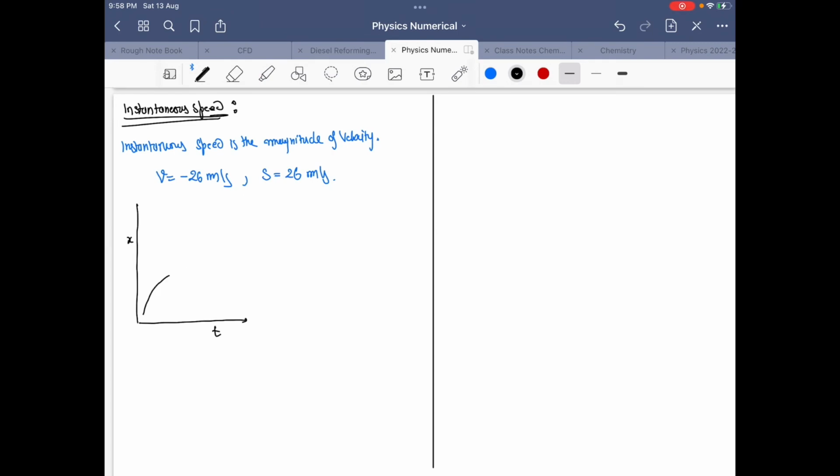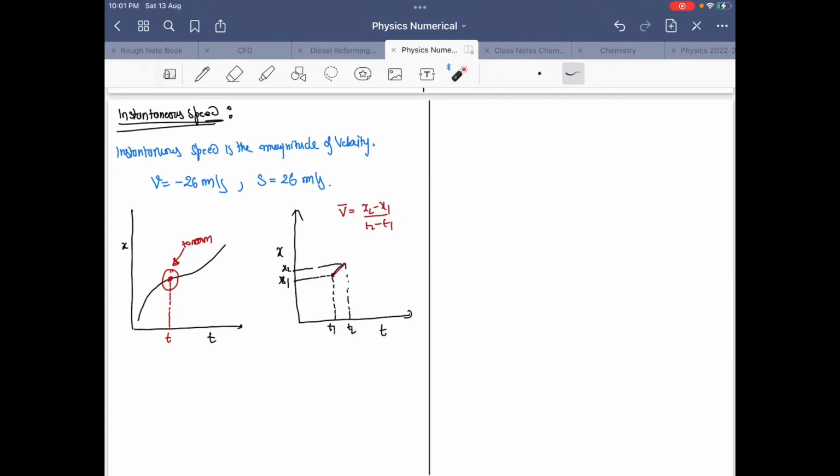Suppose this is the relationship and we are interested in this point, at time t1. Let's concentrate on this point where we want to find our instantaneous velocity and instantaneous speed. If we zoom in a little bit, we will see there is a very small difference in x2 and x1 and t1 and t2.